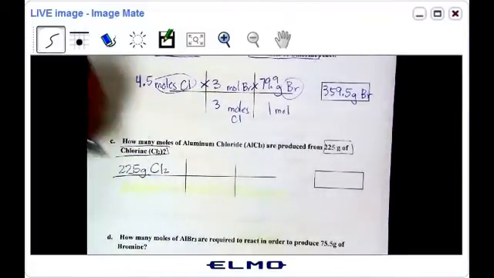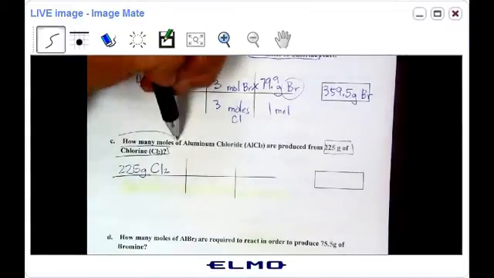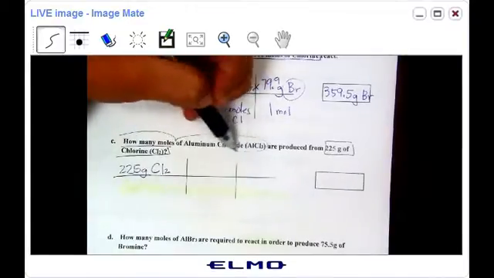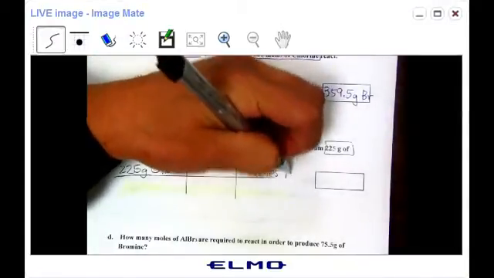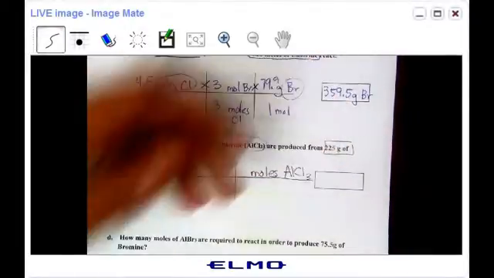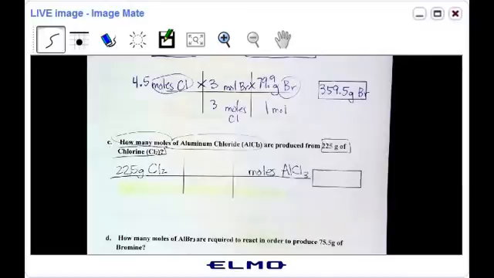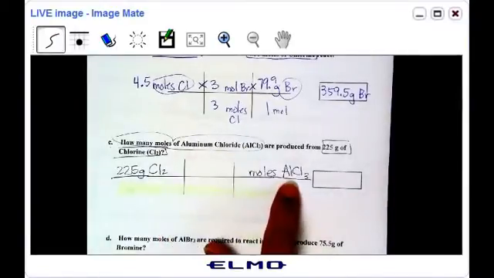Okay, and what are they asking you to find? How many moles of aluminum chloride? So you're looking for moles of AlCl3. I know aluminum chloride is AlCl3 because it told me in the question.